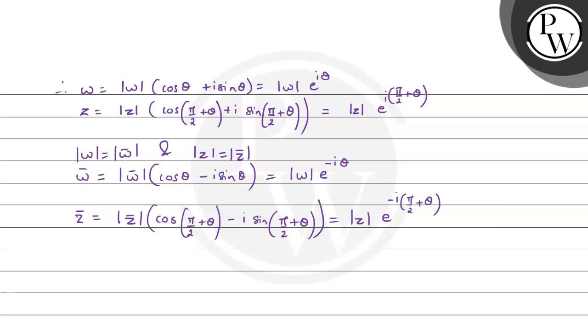Now let's use all of these values and first compute z times w conjugate. That will be equal to modulus of z times e raised to I times pi by 2 plus theta, whole times modulus of w times e raised to minus I theta.